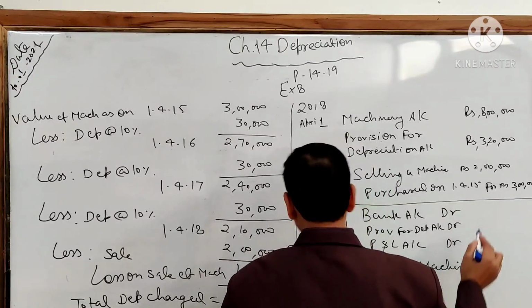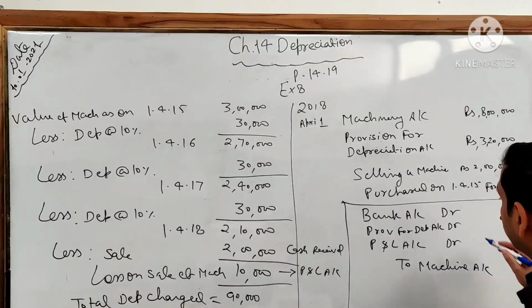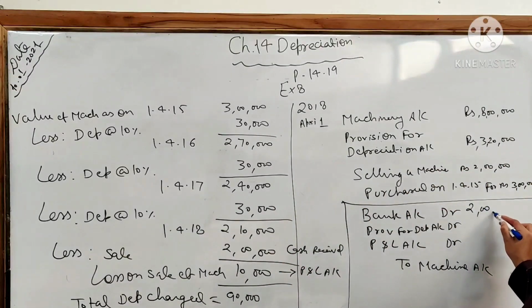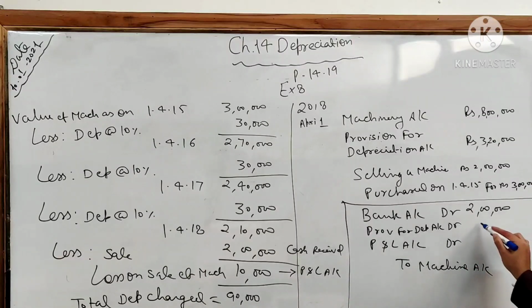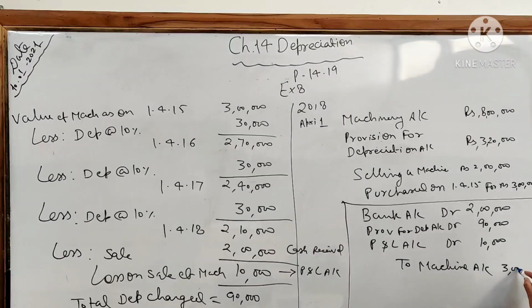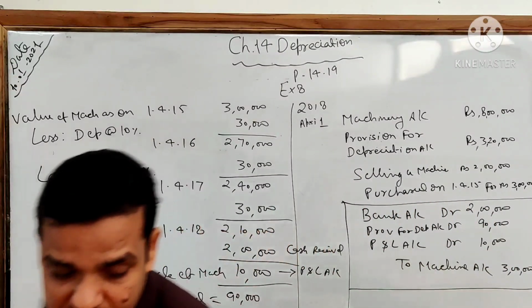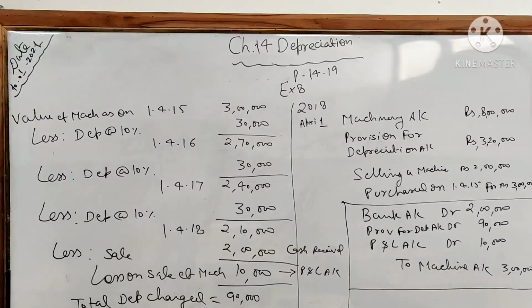How much cash have you received? 2 lakh cash is received, write 2 lakh over here. Provision for depreciation, total depreciation charge 90,000. Loss on sale of machine 10,000. To machine account 3 lakh. In this way you can pass the journal entry. Now we are going to prepare the ledger of machine account as well as provision for depreciation account.